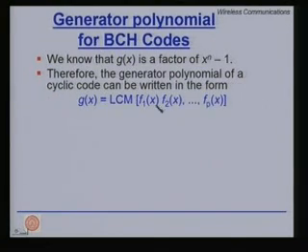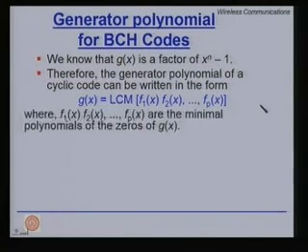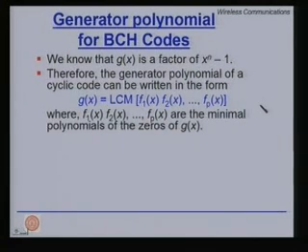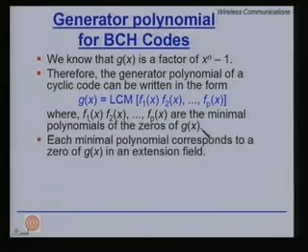So, what we do is we can write g(x), the generator polynomial, as simply the LCM, the least common multiple of f1(x), f2(x), so on and so forth till fp(x), where f1(x), f2(x), and so on till fp(x) are the minimal polynomials of the zeros of g(x). We have established this.